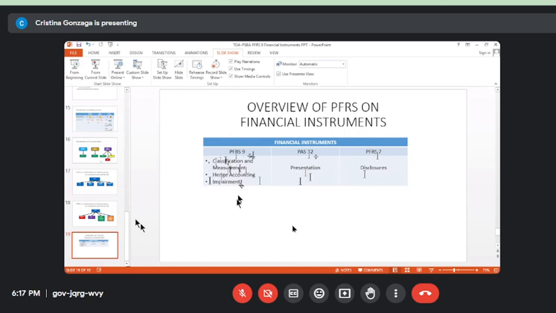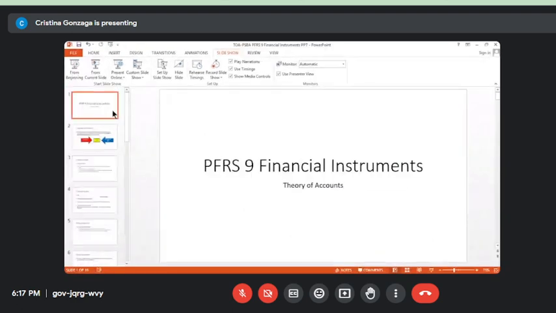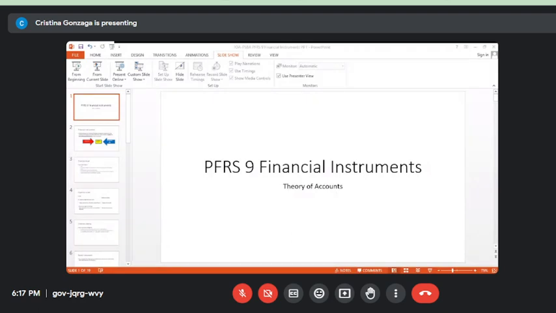Okay, so let's begin with the first slide. Let's define financial instruments. It is said that financial instrument is either a financial asset or a financial liability depending upon which entity we are referring to. Point of view of the investor, it has to recognize financial asset.